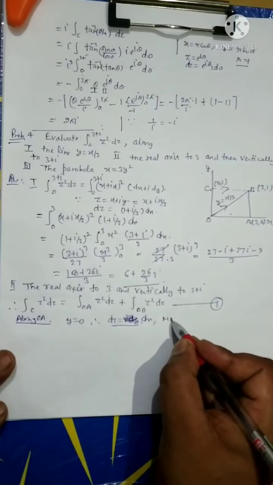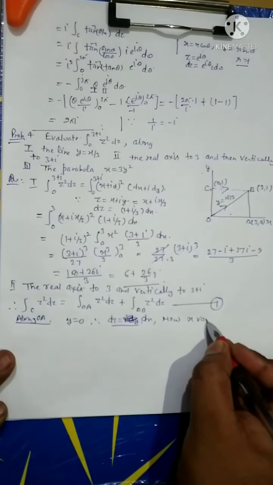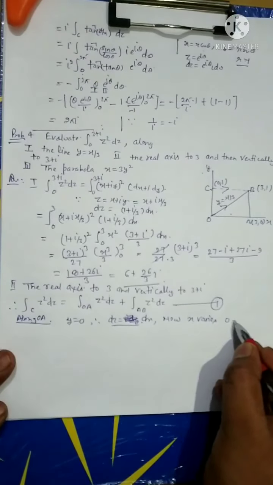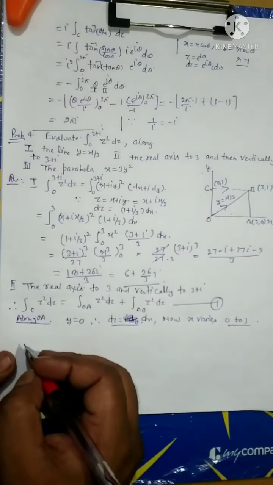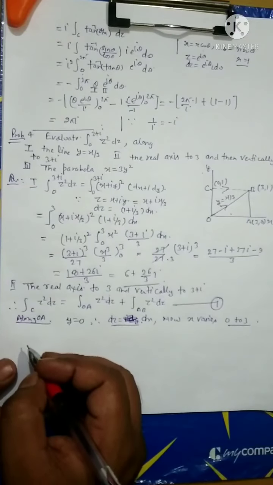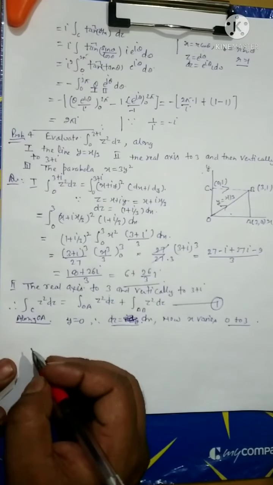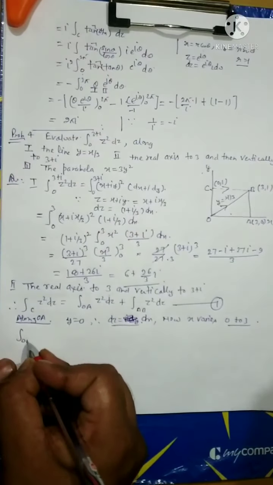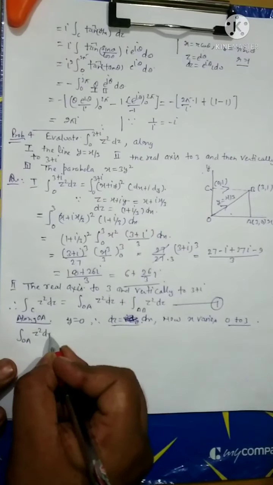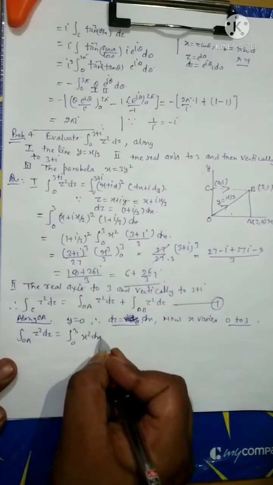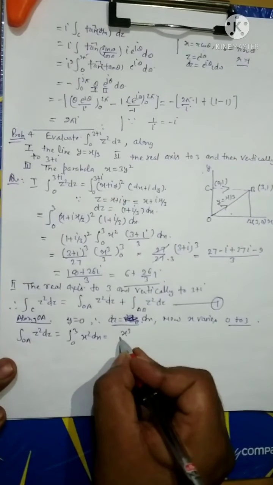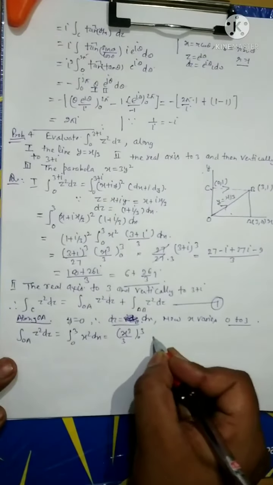Now x varies from 0 to 3. Now the integration over OA of z square dz is equal to the integral limit 0 to 3 of x square dx, which is x cube upon 3 limit 0 to 3. This is equal to 9.